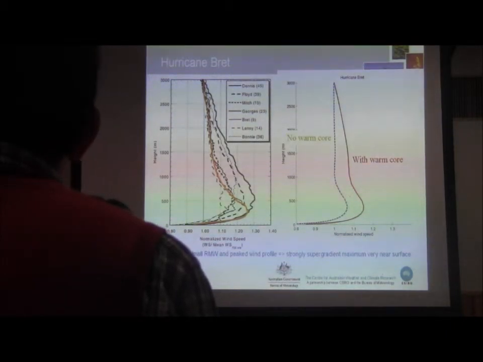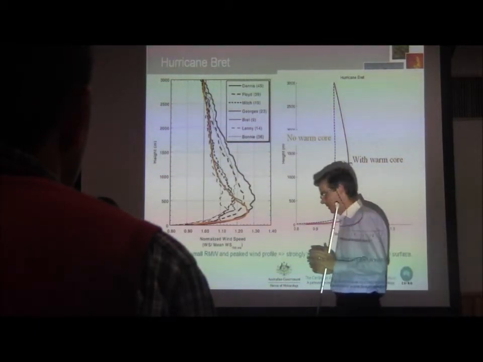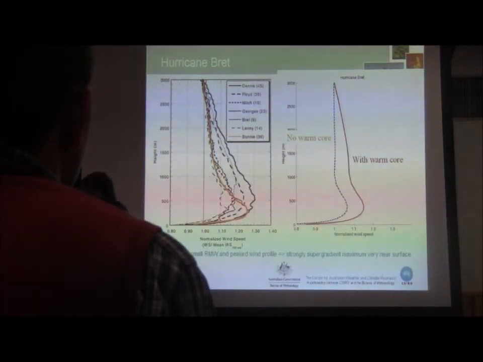So how did you calculate the profile of this wind? These are taken straight out of the model. James had averaged all the dropsondes together. I didn't have to do that.